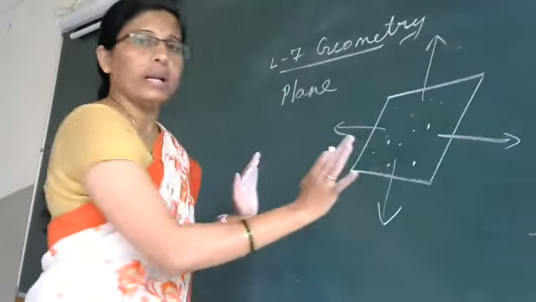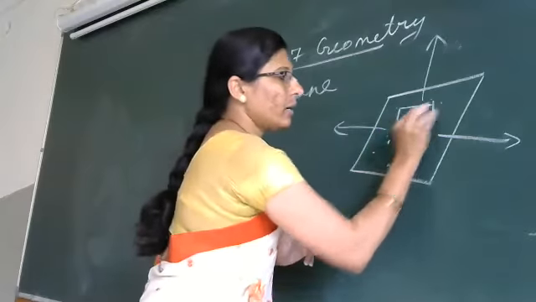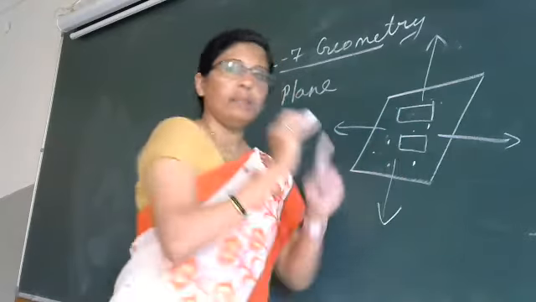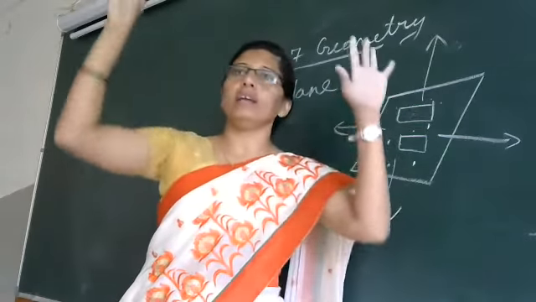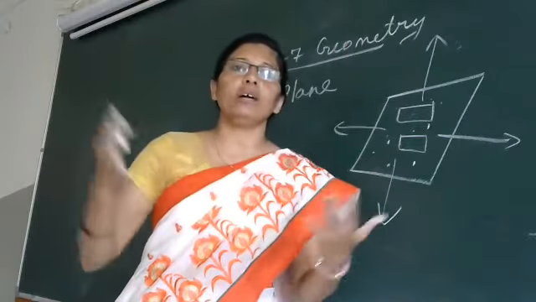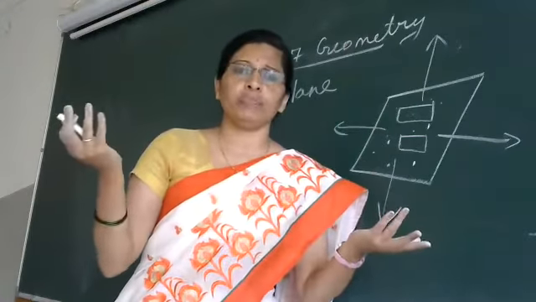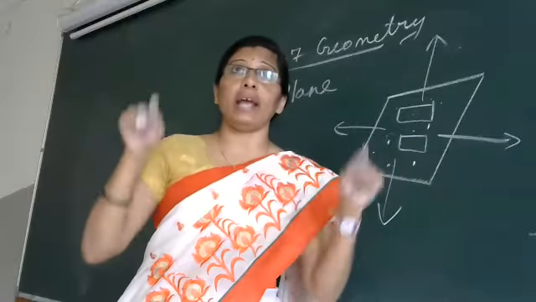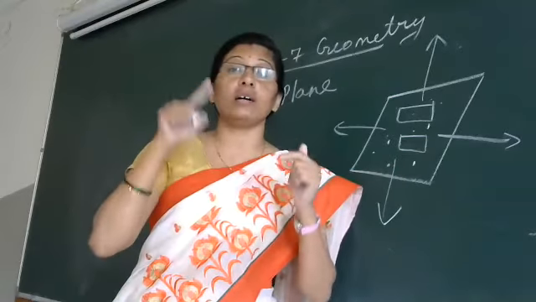Now, in this plane only, I can draw a rectangle. I can draw a square. Imagine that this is the plane in front of me, in air. So I can imagine a rectangle. I can imagine a circle there.